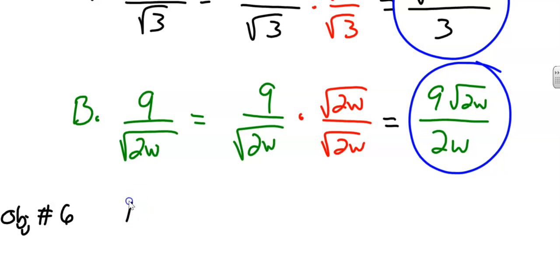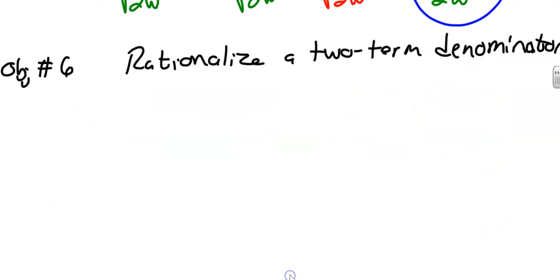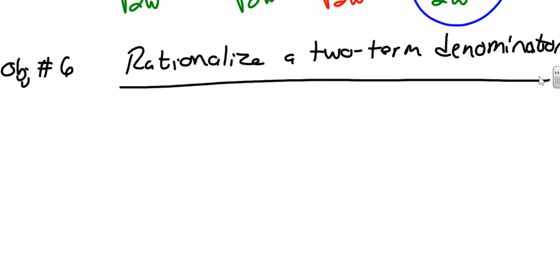This one you're going to rationalize, but it's 2 terms. Okay, when you rationalize a 2-term denominator, it is one little thing different for this one.